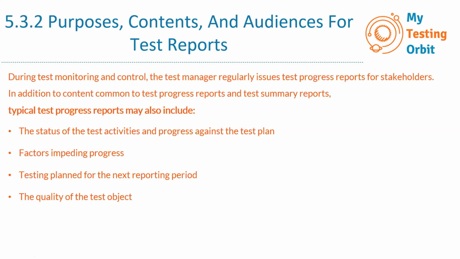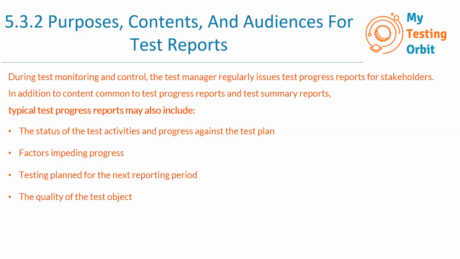Okay, so the next one is purposes, contents, and audiences for test reports. During test monitoring and test control, the test manager regularly issues test progress reports for stakeholders. We did cover this in the tasks of a test manager.